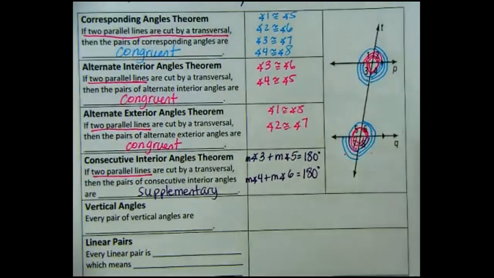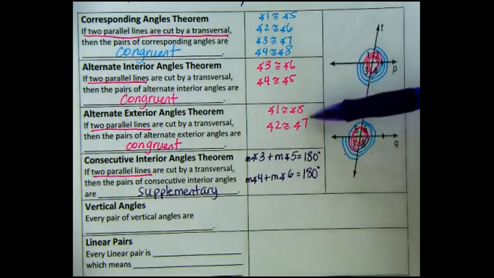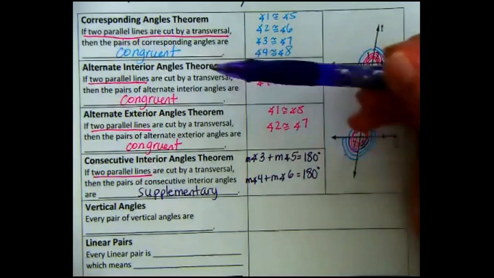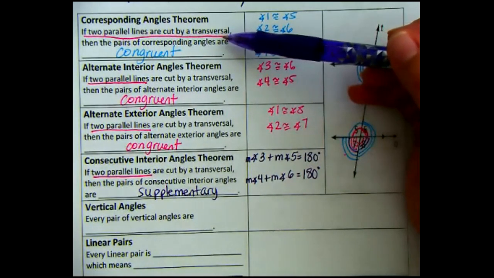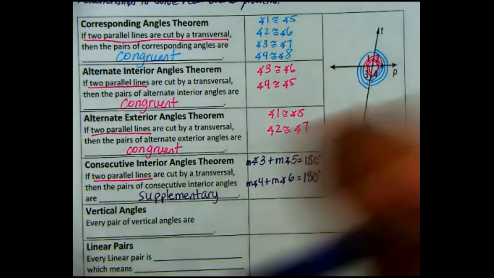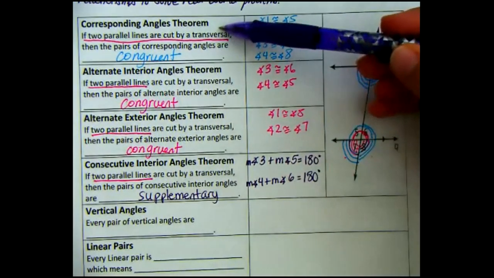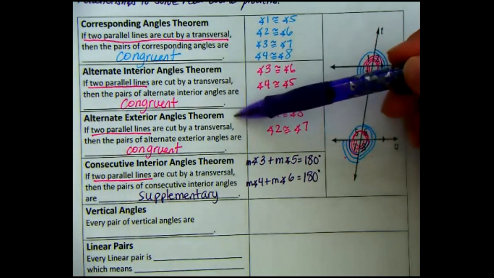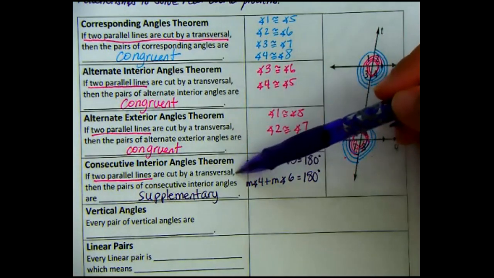Okay. So these are the relationships that happen for the measurements when we have two parallel lines cut by a transversal. So it is incredibly important that you remember how to identify corresponding angles, how to identify alternate interior angles, how to identify alternate exterior angles, and how to identify consecutive interior angles.